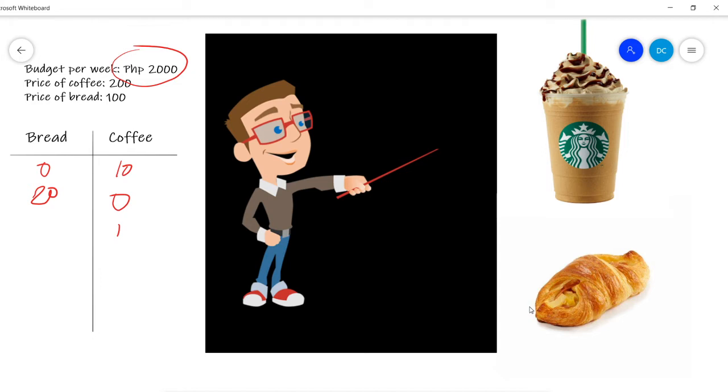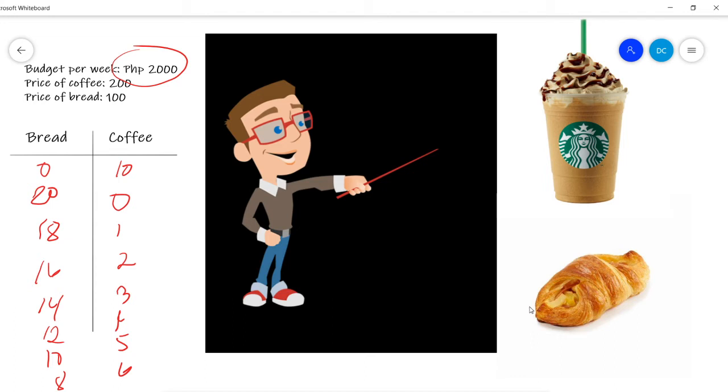So from 2,000, babawasan 200, matitira na lang 1,800. Kung 100 ang bread, I can buy 18. Kapag bumili ko ng isa pang coffee, so 1,600 na lang, magiging 16. And for us to go through this fast, 16, 14, 12, 10, and 8, hanggang sa pababa.